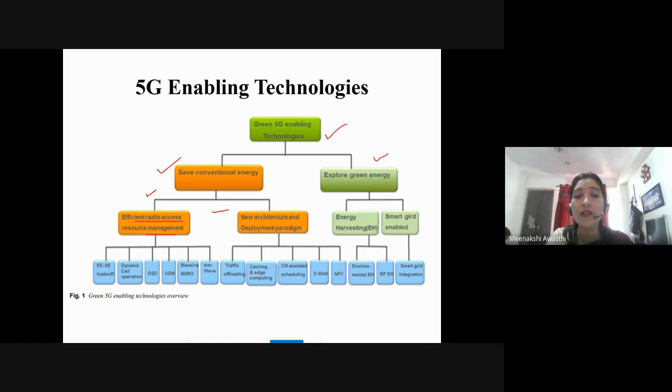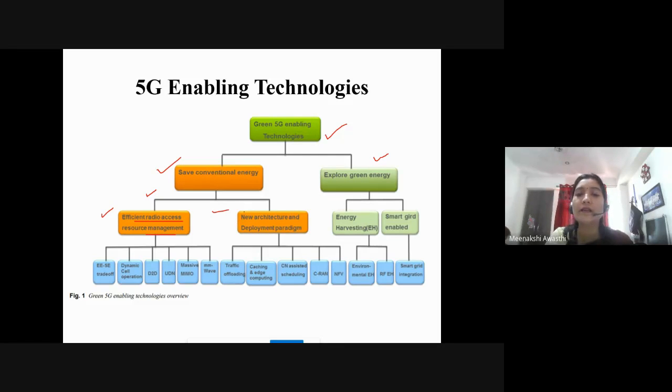Going forward with efficient radio access resource management, there are a few subcategories that we have divided here, which we'll discuss later in the slides: energy efficiency and spectral efficiency trade-off, dynamic cell operation, D2D, UDN, massive MIMO, and millimeter wave. These are the areas under efficient radio access resource management to save conventional energy.